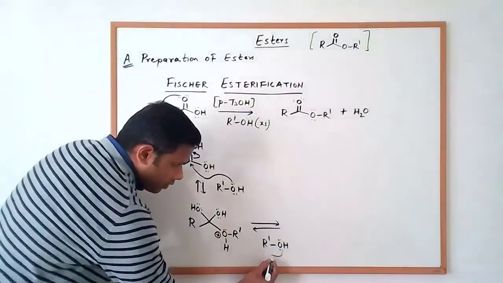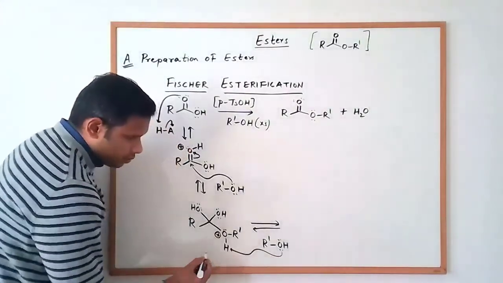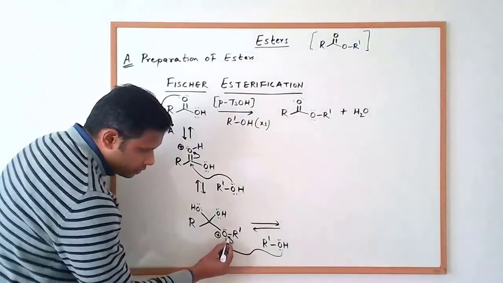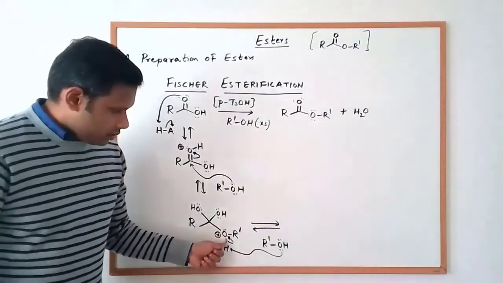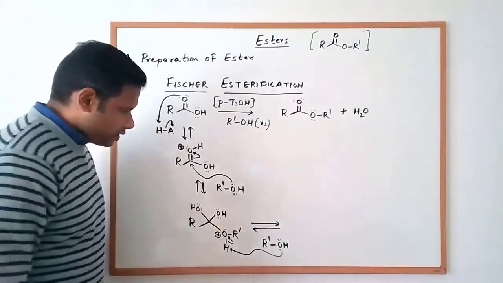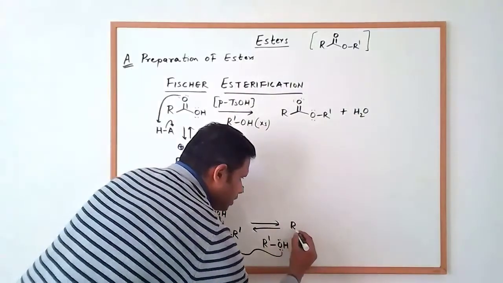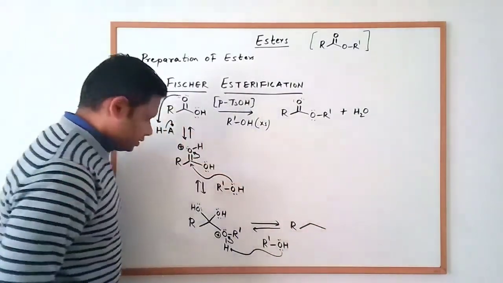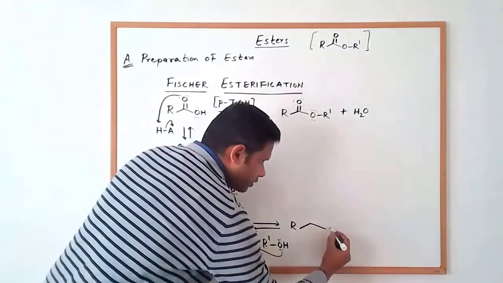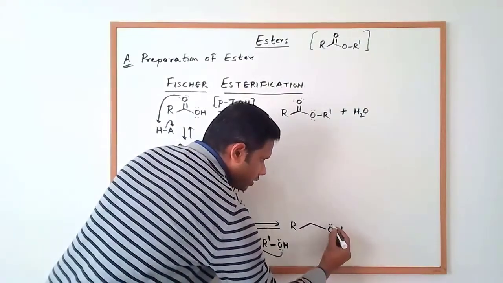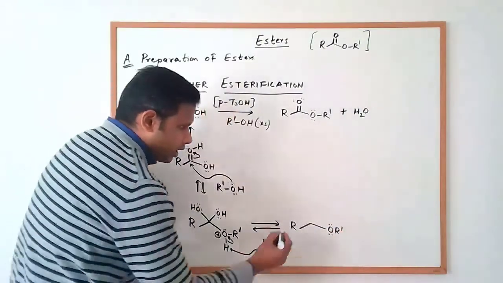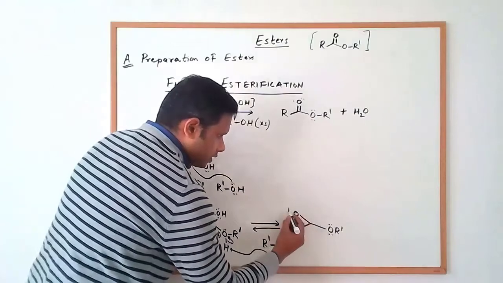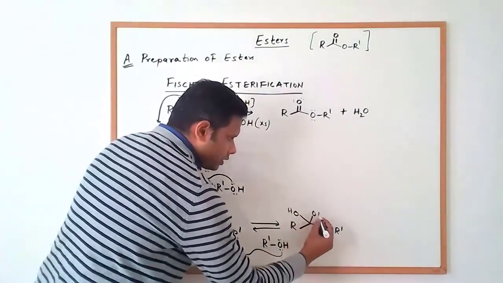So the alcohol molecule can use its lone pair on the oxygen to deprotonate this intermediate that we got. And it would bring us to the next step where we have OR prime, two lone pairs on that oxygen, and a hydroxyl group.